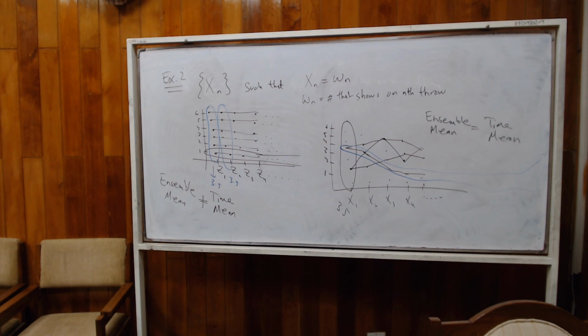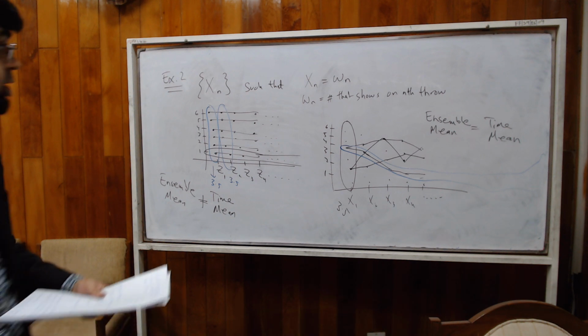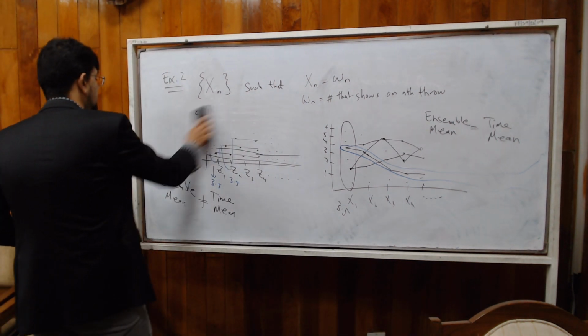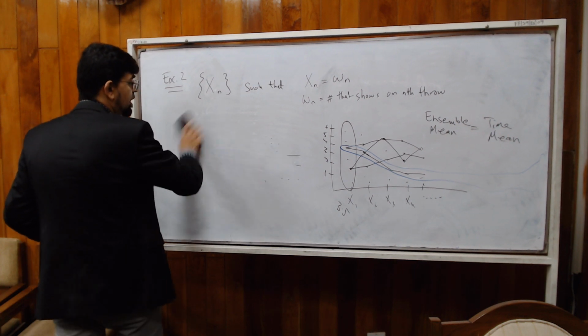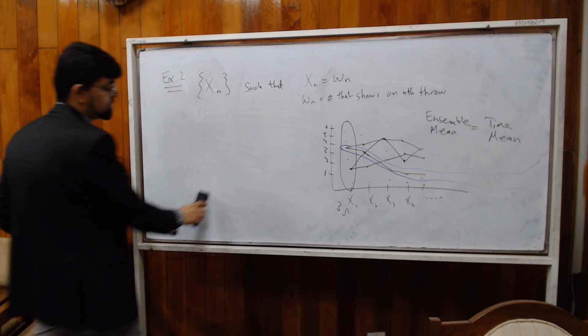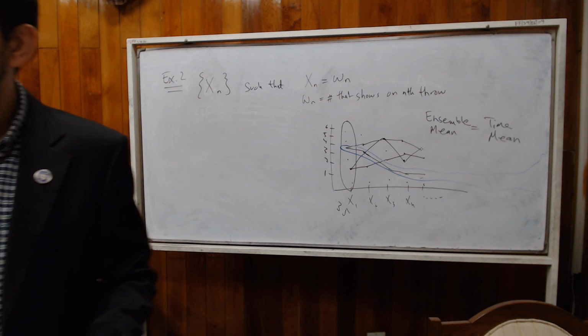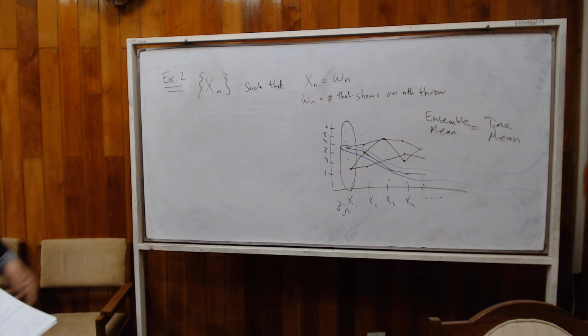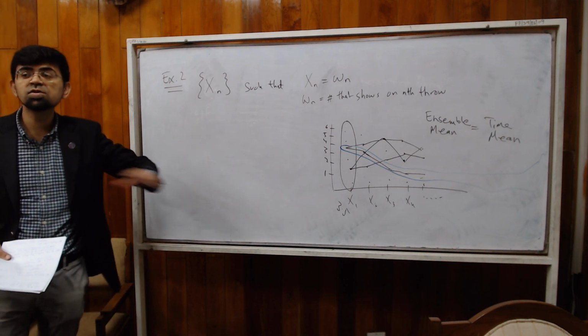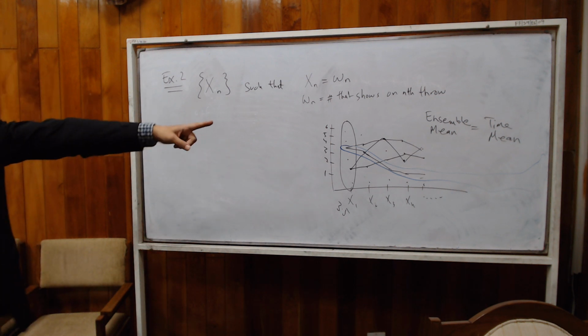A process where this thing happens is what we call ergodicity, and it actually has to be a subclass of stationary processes. You saw that even if the mean wasn't constant, there was no hope to talk about this thing.